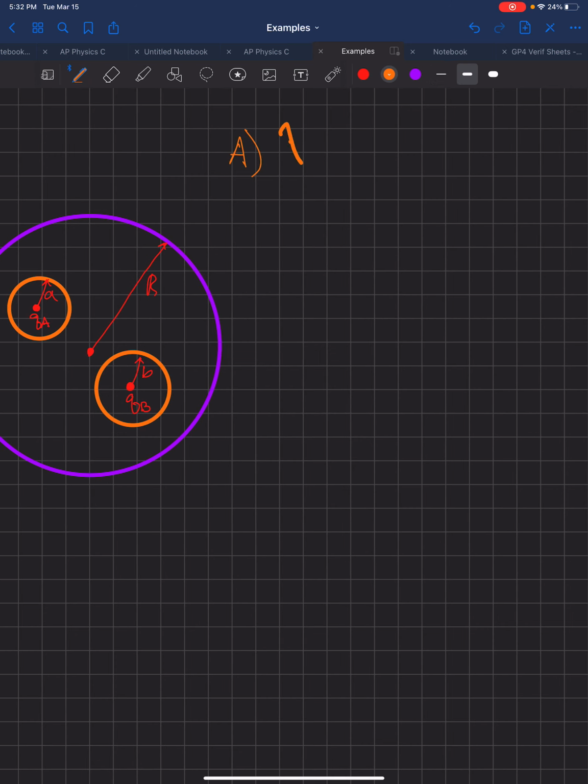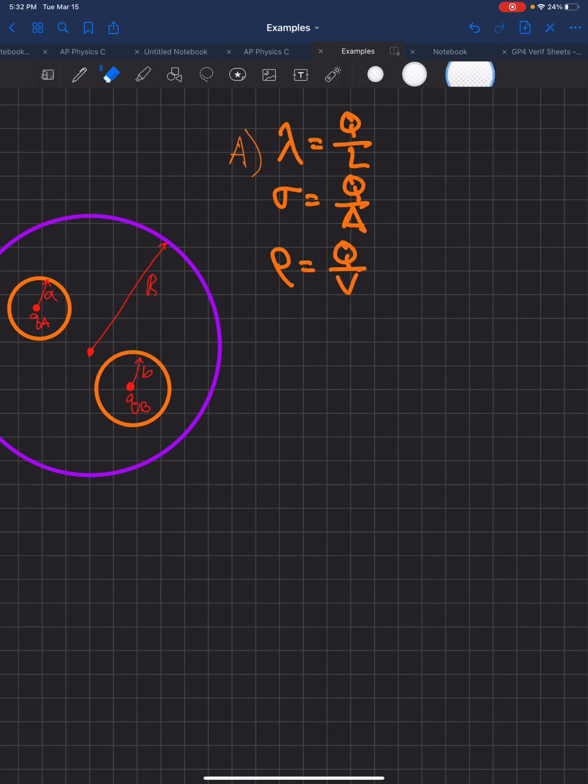If you remember, lambda in the very first practice problem was just a line, the charge over the length. Sigma is the charge over an area. And in the last problem we did with Gauss's law with a volume, rho is equal to the charge over the volume. So in this case, what we're dealing with is sigma, the charge over the area.